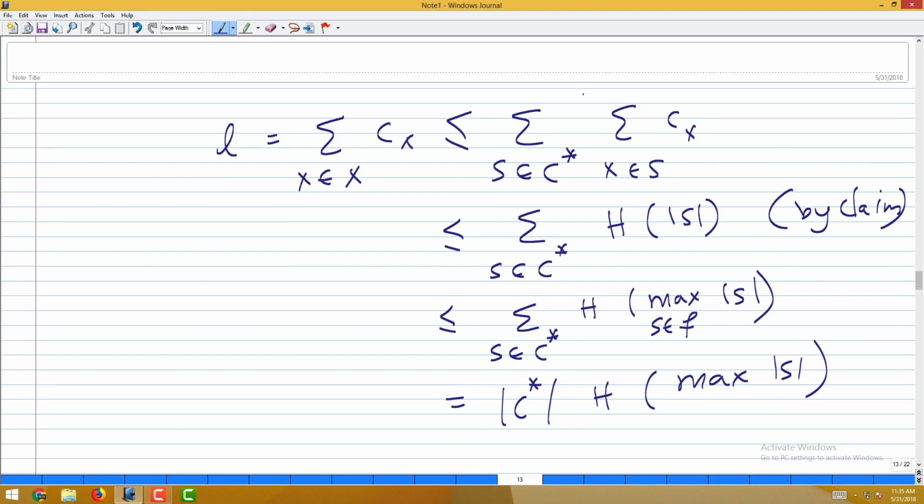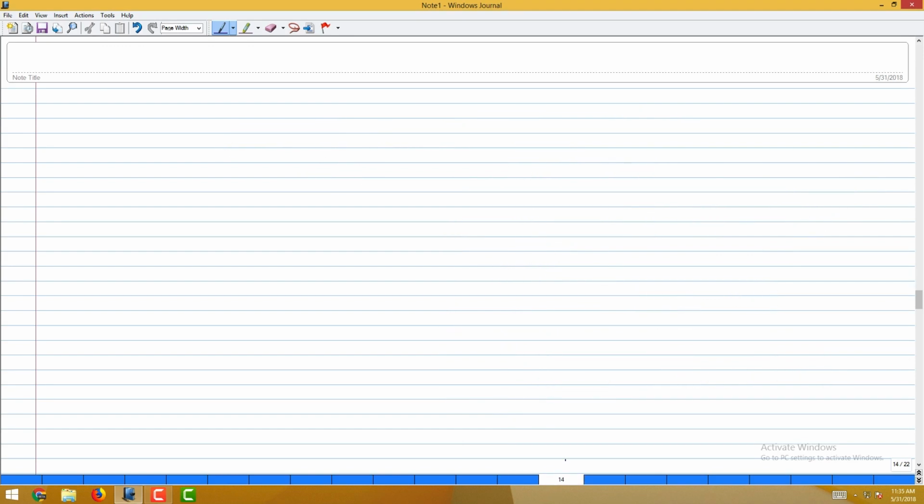Okay. So, this is more or less some calculations, something like 1 page. So, proof of claim. What is the claim? Summation C x, x in S, is at most the harmonic sum.